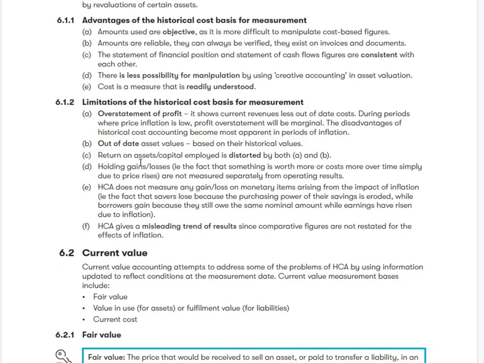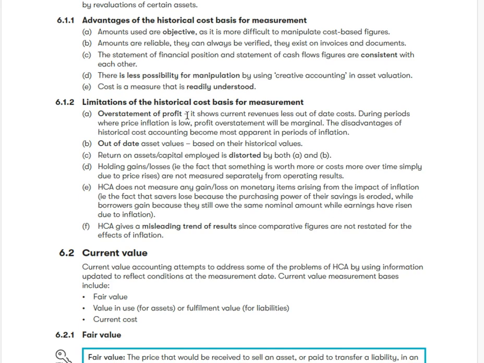But there are limitations of the historical cost basis for measurement. Overstatement of profit. They always complain about overstatement of profit because the income is current, under the conditions of inflation. Every day the prices go up.